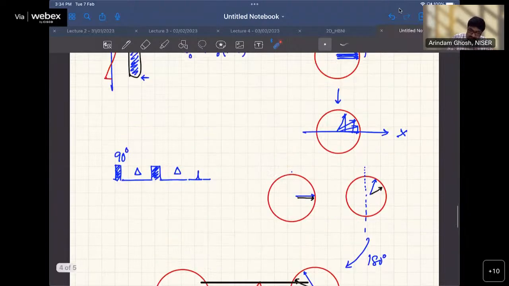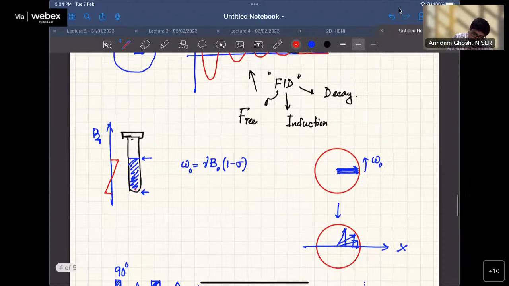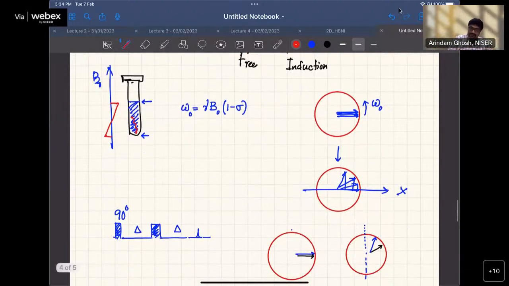If by this time this molecule has diffused from this point, suppose diffusion has started, so that during the first delta time it was here but during the second delta time it has diffused to this place, because obviously the molecules are not fixed there. They are going up and down, correct? Then the dephasing speed was different and the rephasing speed was different. So if at one speed you went to the market and at a different speed you are coming back, you will not reach home in the same time, correct?